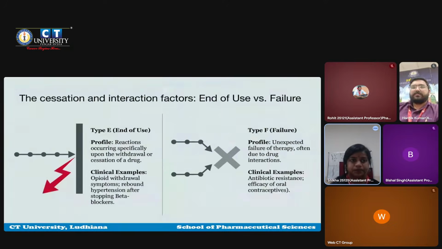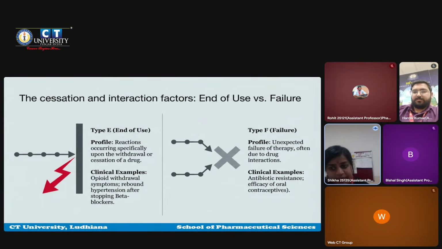Next is the cessation and interaction factor, that can be end of use and failure. So type F is the fifth type of ADR. Type F stands for failure. It is unexpected failure of the therapy, often due to drug drug interaction.